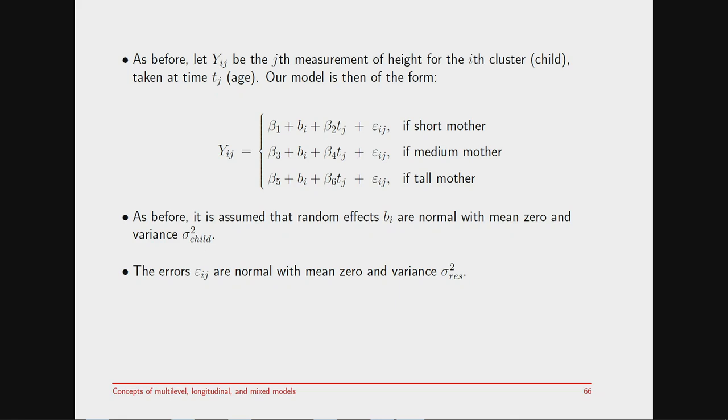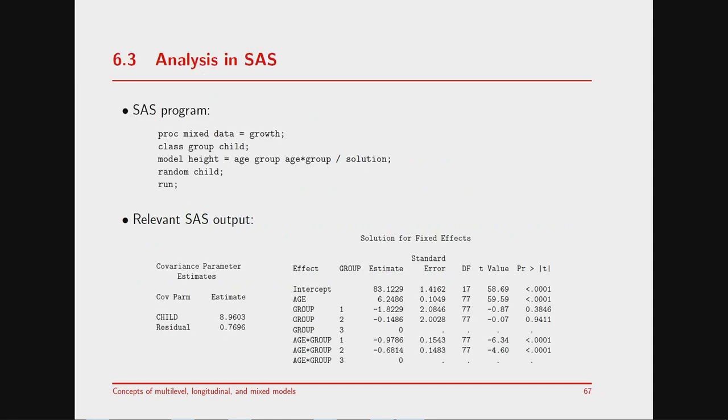So the sigma squared child represents the variability between these children. And then the residuals, the error terms, the epsilon ij, are assumed normally distributed with mean 0 and variance sigma squared residual. So again, we will be estimating these 2 variances.